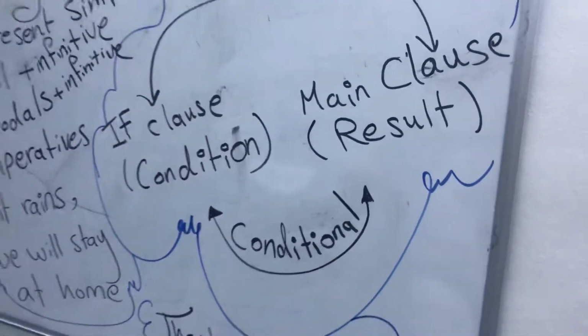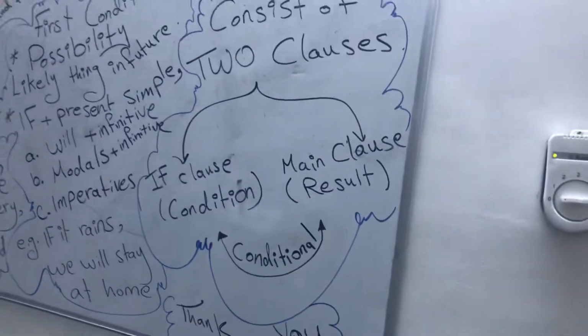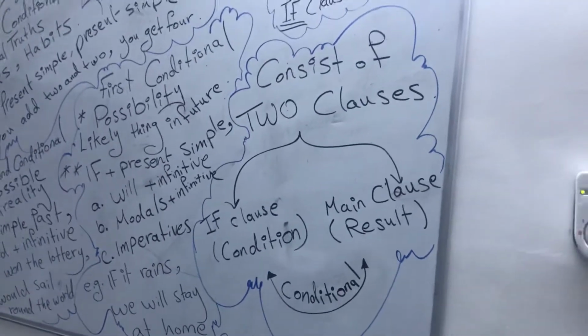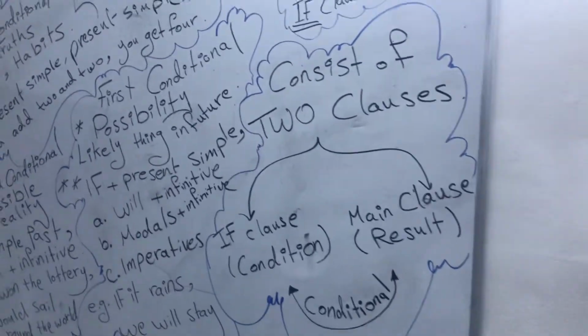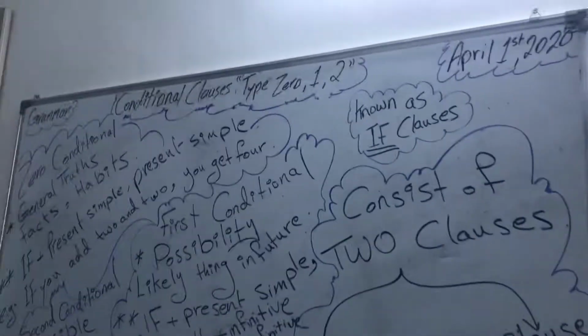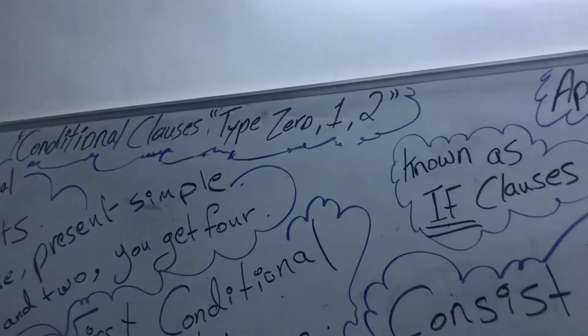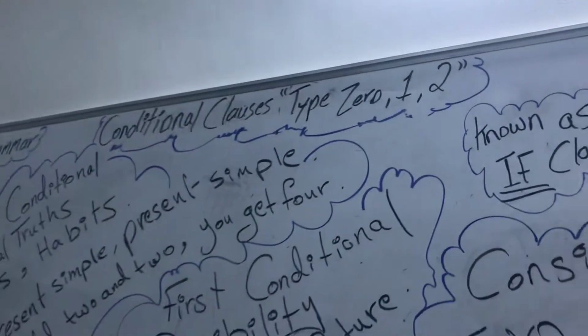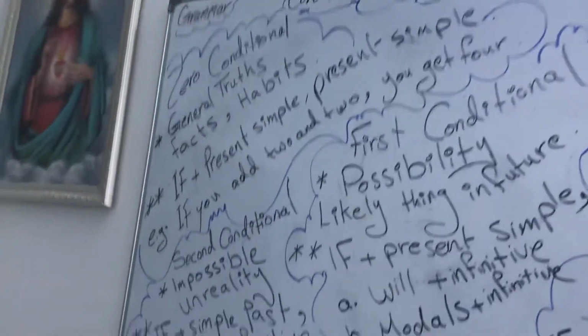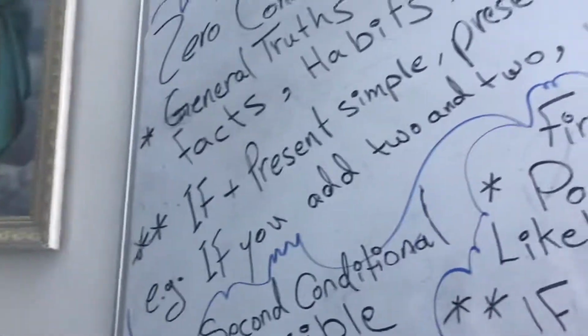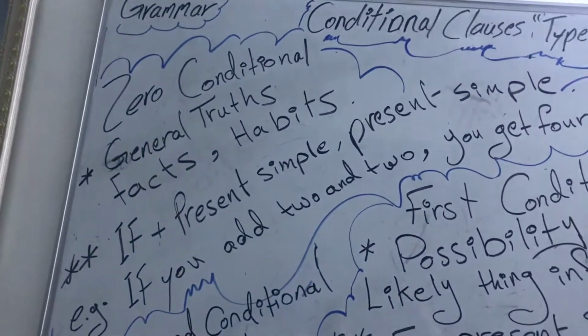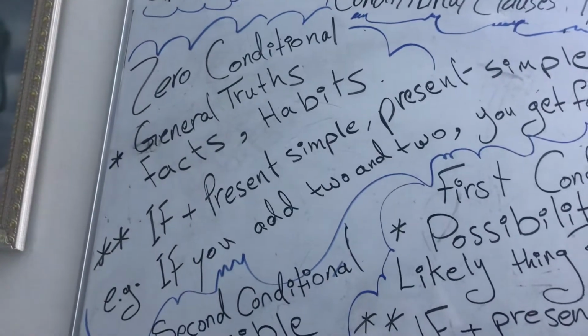It is conditional. دي علاقة مشروطة. As we said before, we are going to talk about three types of them, which are 0, 1, and 2. Let's talk about every part of them in a quick base, and then we'll explain them in details.